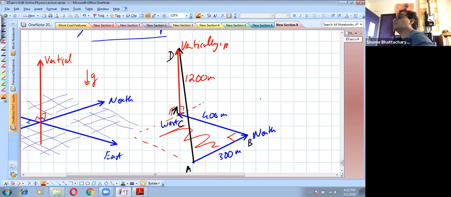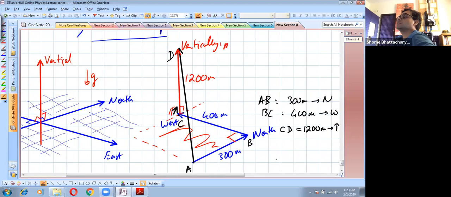Okay, so as you can see, EB is 300 meters towards north. Then BC is 400 meters towards west. And then finally CD is 1200 meters vertically upwards.